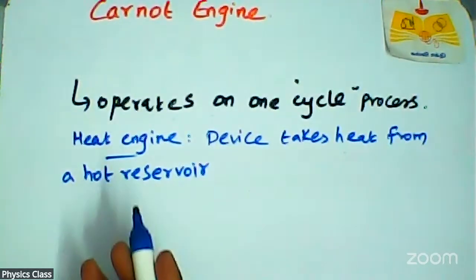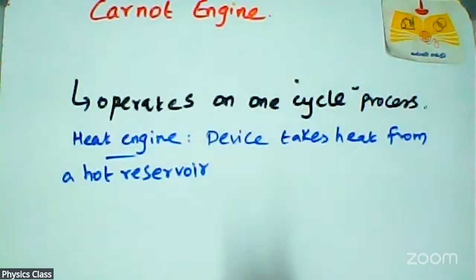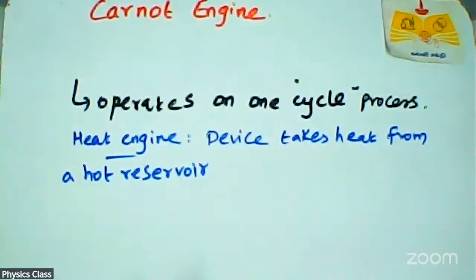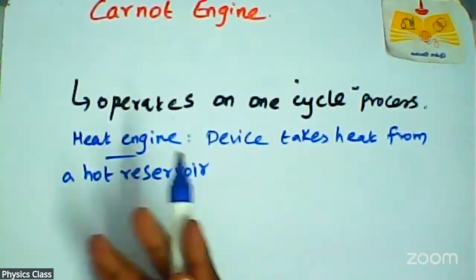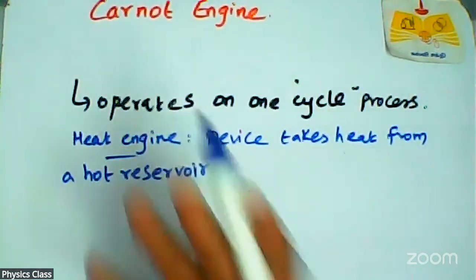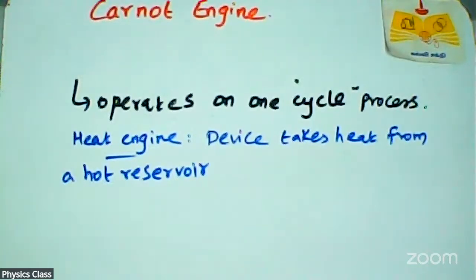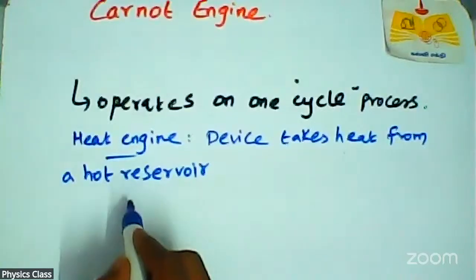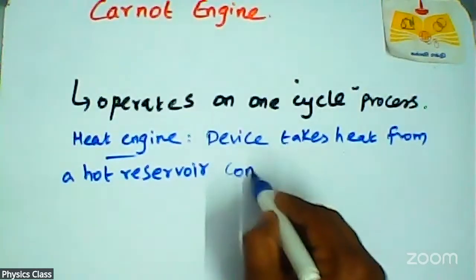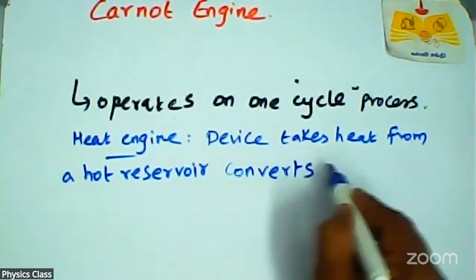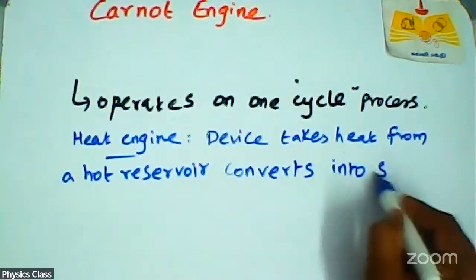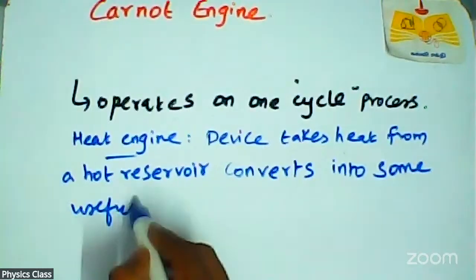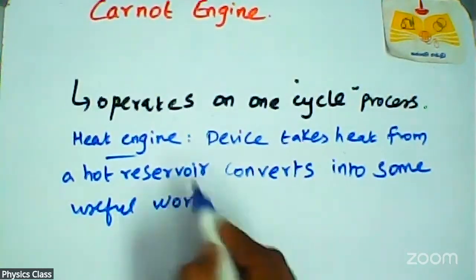This source has a large amount of heat energy. It gives it to that system. So the hot reservoir is a source of heat. The device takes heat from the hot reservoir and converts it into some useful work. So this is a simple definition for a heat engine.